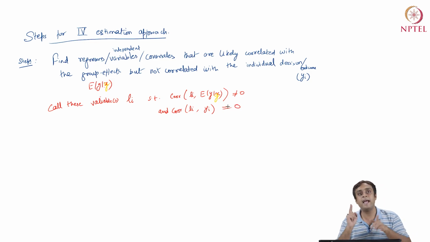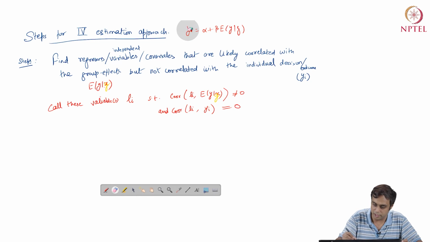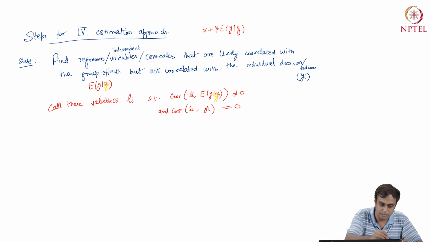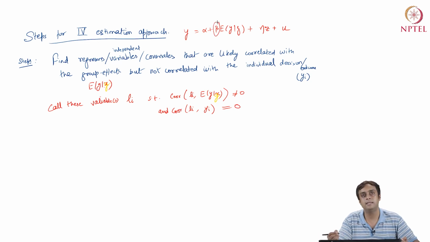That is to say that Li will impact Yi only through the group effect. So, we are after this regression Yi equals alpha plus beta times the expectation of y given G. So, let me just clean this up a little bit: y equals this plus, let us say, eta z plus u, and I am interested in beta as an analyst.